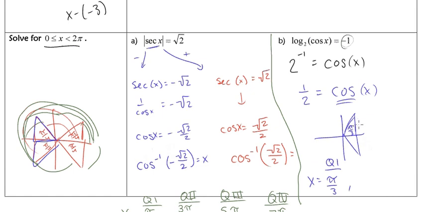In quadrant 4, it's 2 pi minus that 1/3, so we've got 5/3 pi, or 5 times pi divided by 3. All right, hope that helps.